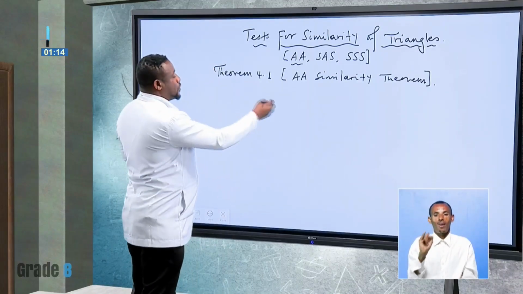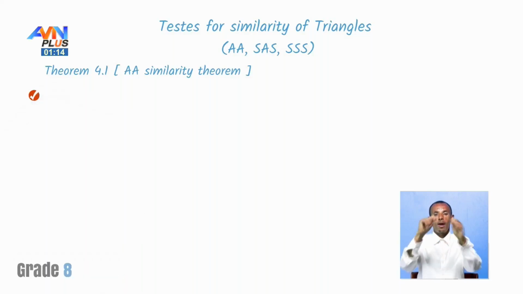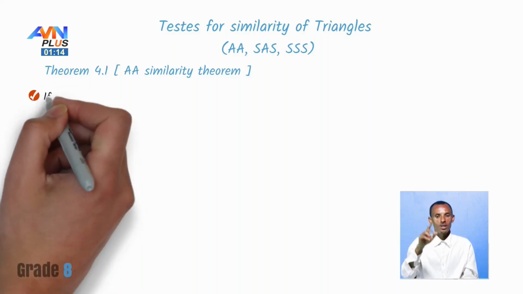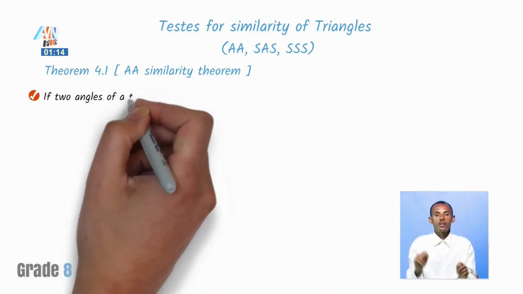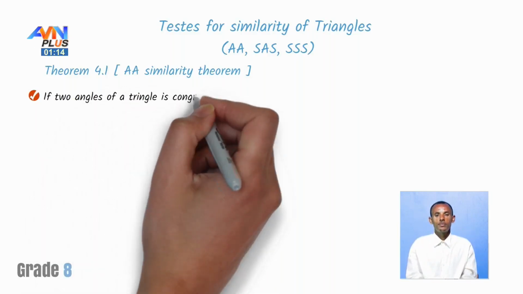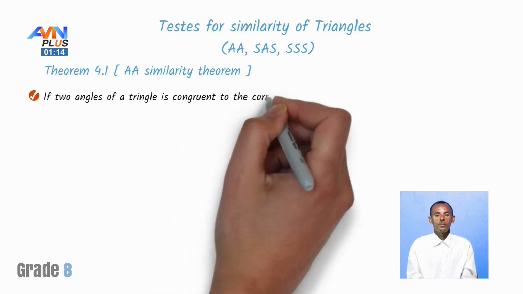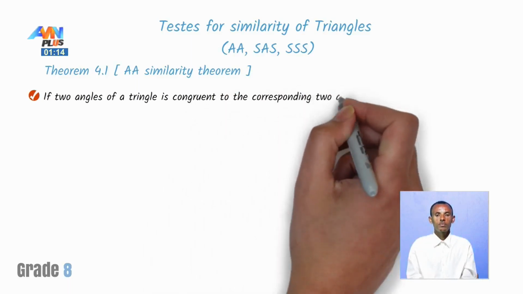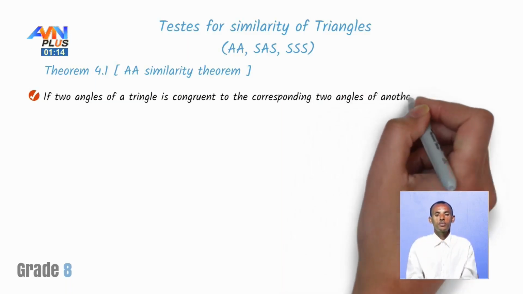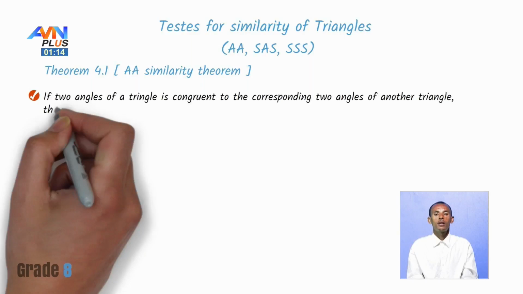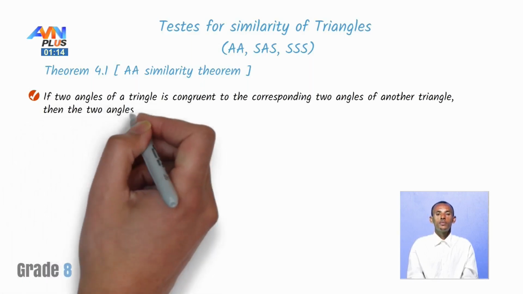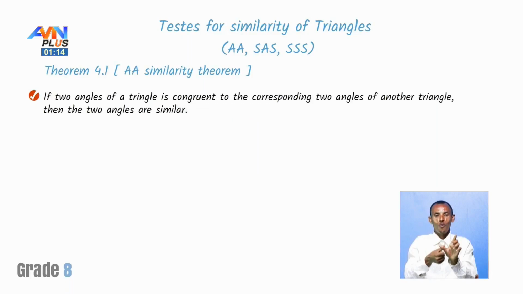If two angles of a triangle are congruent to the corresponding two angles of another triangle, then the two triangles are similar.